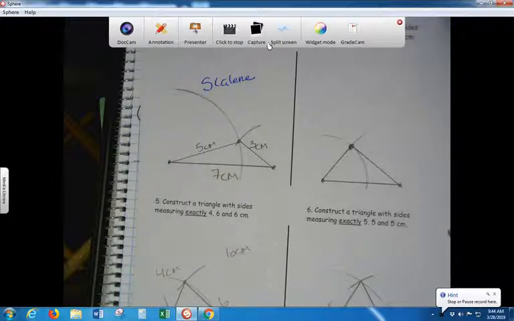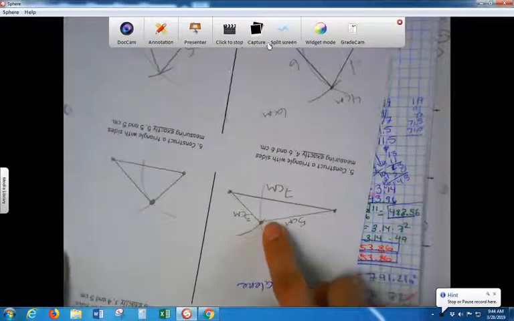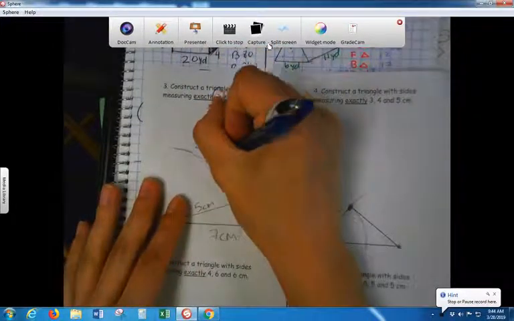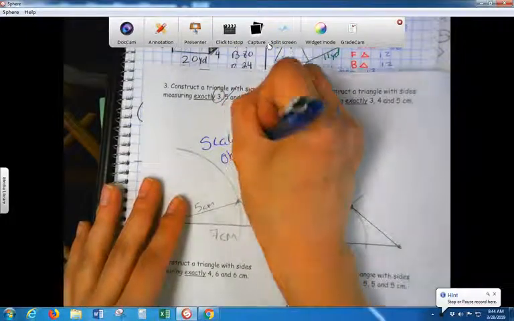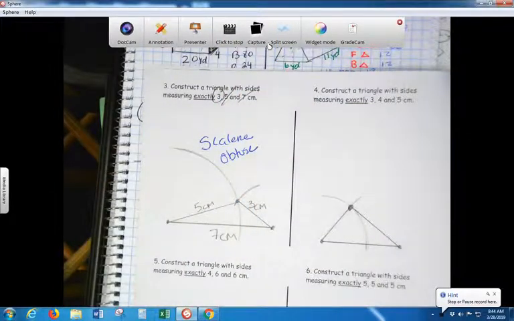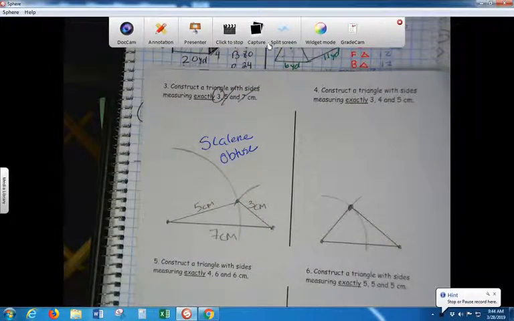Acute. Acute. Obtuse. If I turn it this way, it's easier to see. You see the obtuse? So, this is a scalene obtuse. You only need one obtuse to make the whole thing obtuse. Does that make sense? Okay.